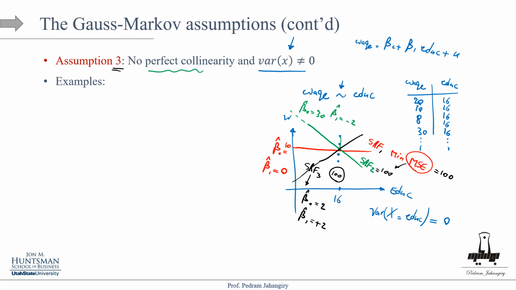So perfect collinearity, the definition is that the correlation is equal to 100%, right? And then we have to make sure that there's no perfect collinearity between our x variables. So what does it mean? It means that, imagine this is your wage. I'm going to use a Venn diagram for this one because it usually helps students understand better.